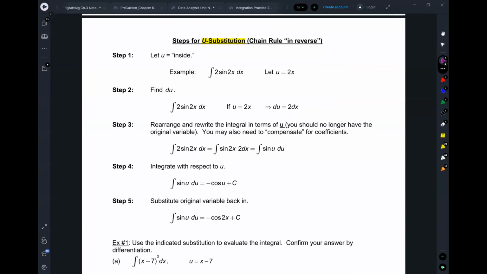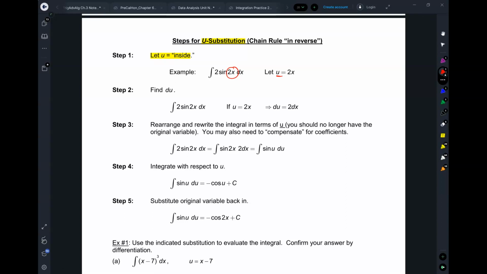Here's how to do U substitution. You have to make U the inside function. Just like with derivatives, you have to look at the inside function. So for example, we're going to work with this example here. 2 sine 2x. The inside function is 2x. You make that U. You say let U equal 2x.